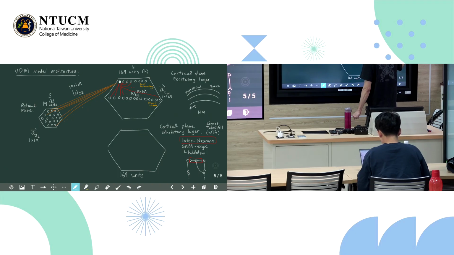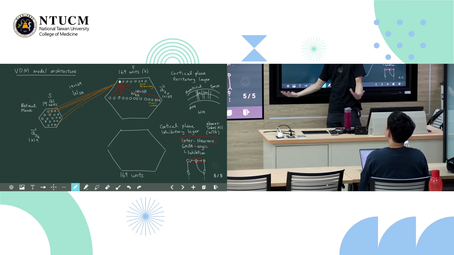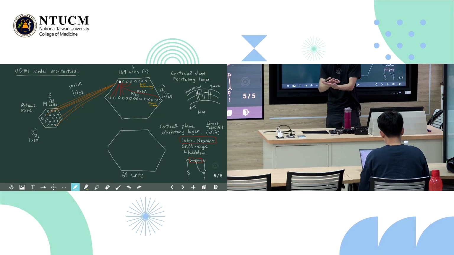That you have within one column, then another column, you have these interneurons. Because you have the same columns, you also have interneurons, so you can see that they are sort of meshed together. So as big as your excitatory layer is, your inhibitory layer will be at least the same size, if not bigger.